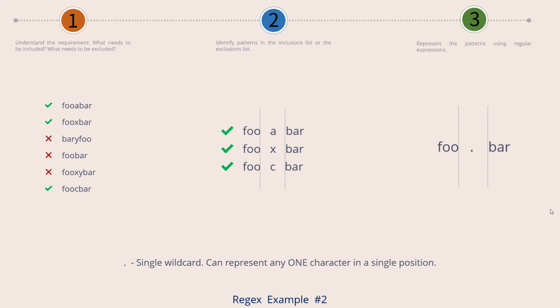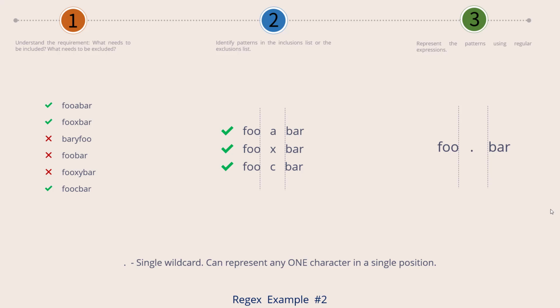In our final step, we have to come up with a single regex pattern that can represent all the 3 green strings. So we will write foo as is because it's fixed. Then we write period, which is the single wildcard character. Then we end with bar, which is again fixed.